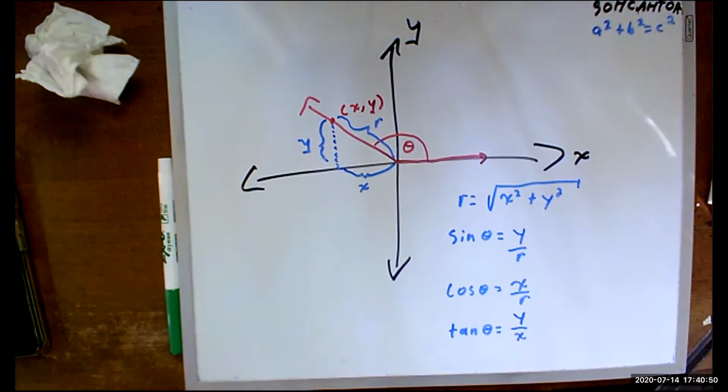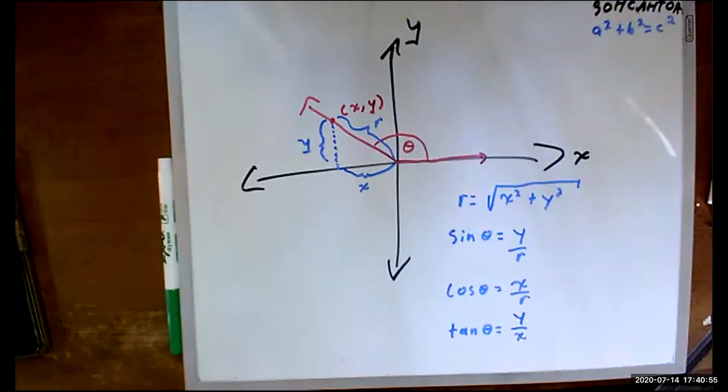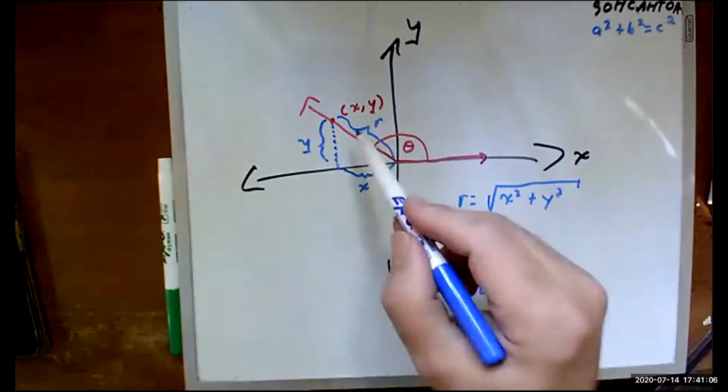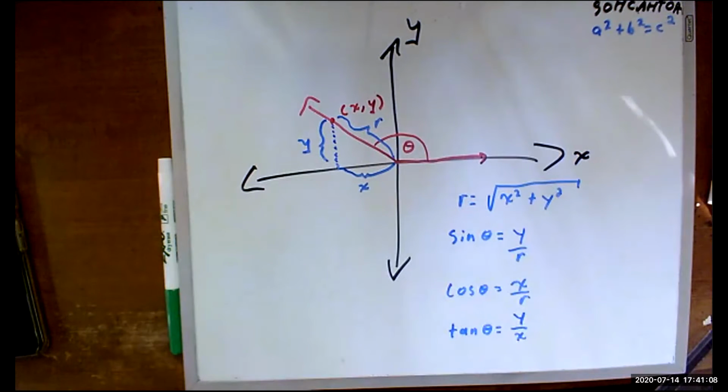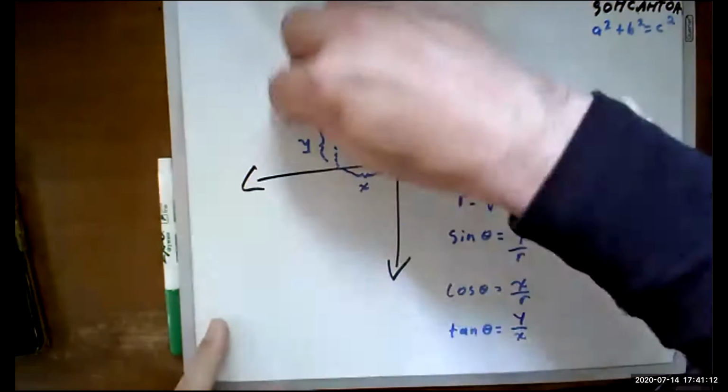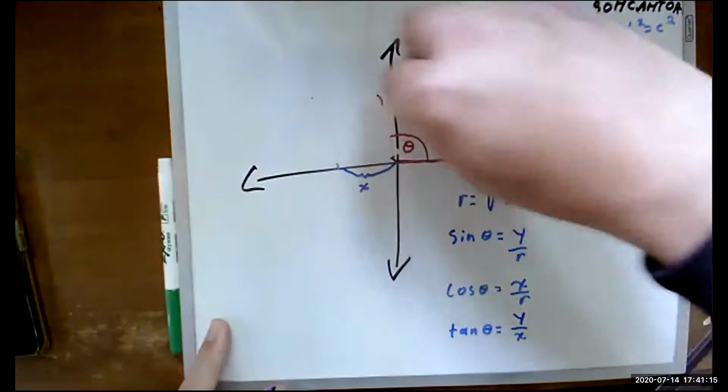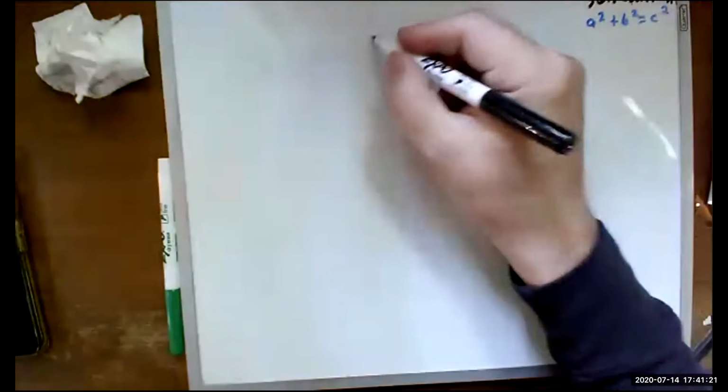Let's do an example that uses all of this. Suppose that we've got the terminal arm of an angle, theta, that passes through the point (-3, -2). So let's just take a moment. We're going to redraw this. We're on some plane.